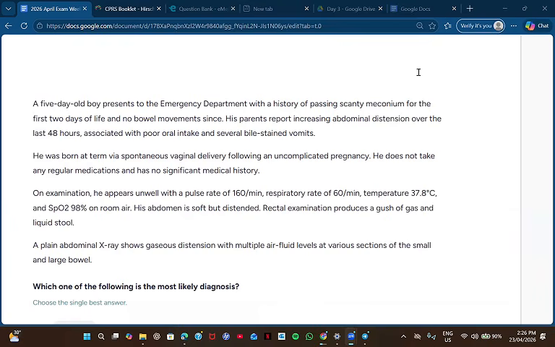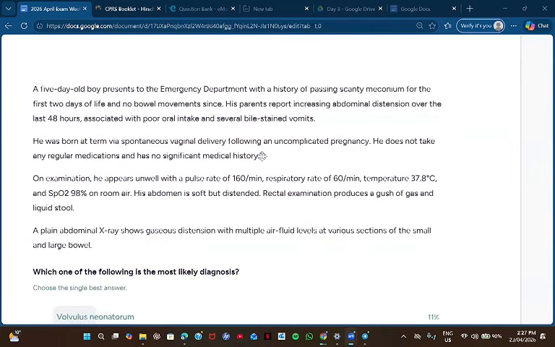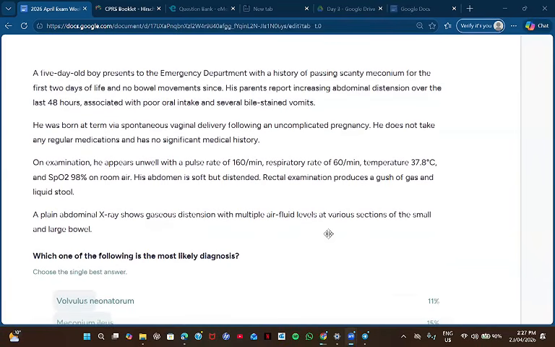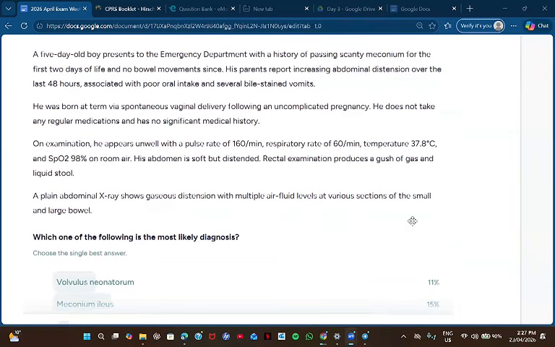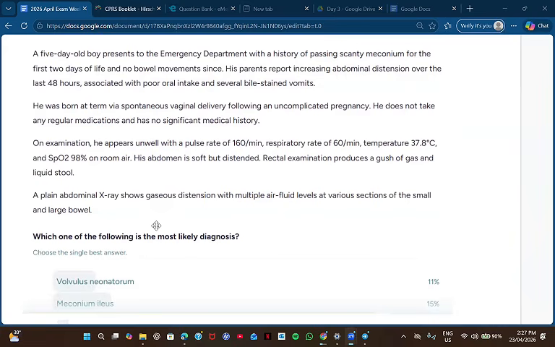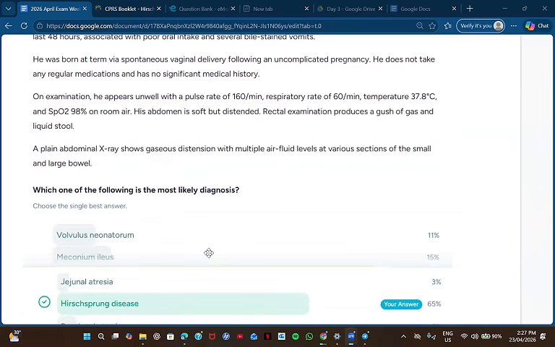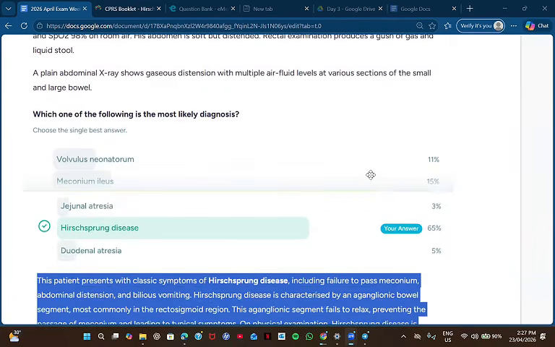On examination, he appears unwell with pulse rate 160, respiratory rate 60, temperature 37.8, SpO2 98. Abdomen is soft but distended. Rectal examination produces a gush of gas and liquid stool. A plain abdominal X-ray shows gaseous distension with multiple air fluid levels at various sections of the small and large bowel. Right, so they're asking which one of the following is the most likely diagnosis.